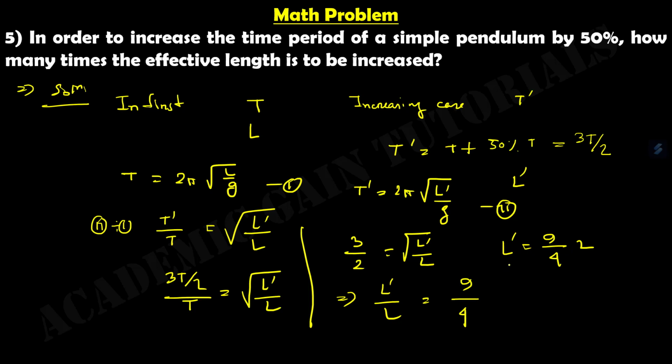So I found the effective length if I increase the time period by 50%. But I have to find out how many times the effective length is to be increased.